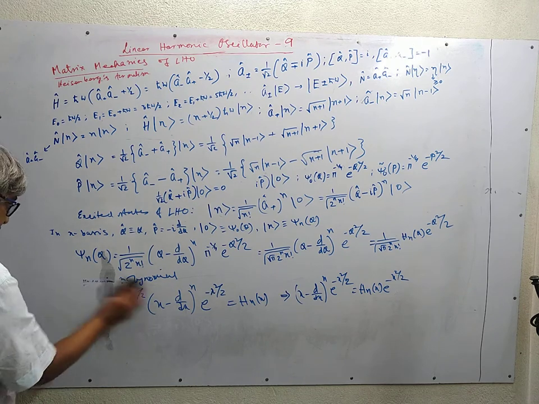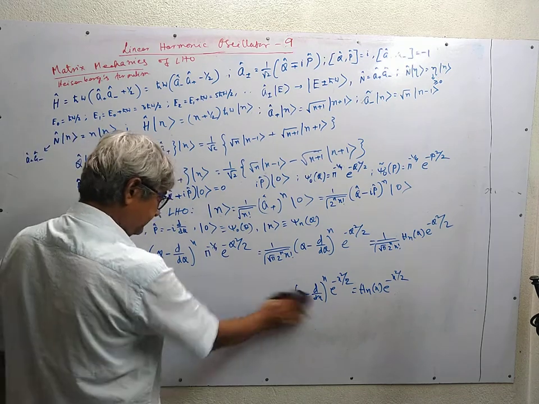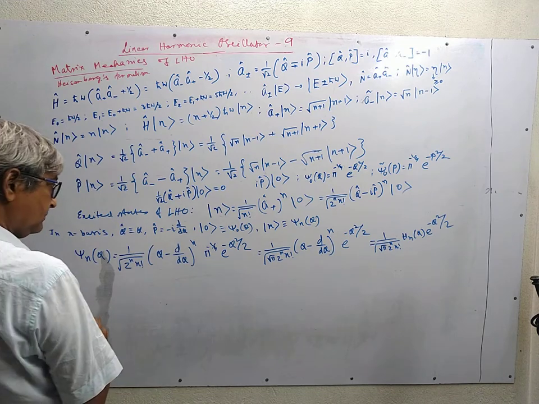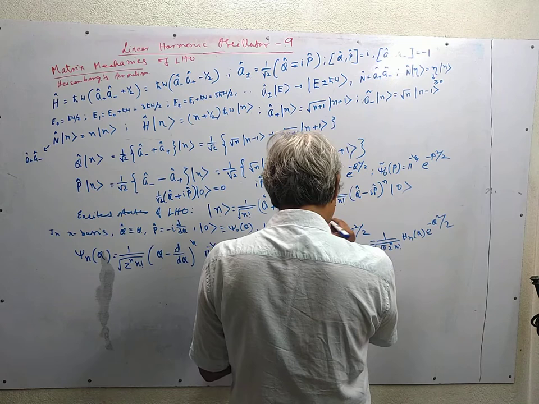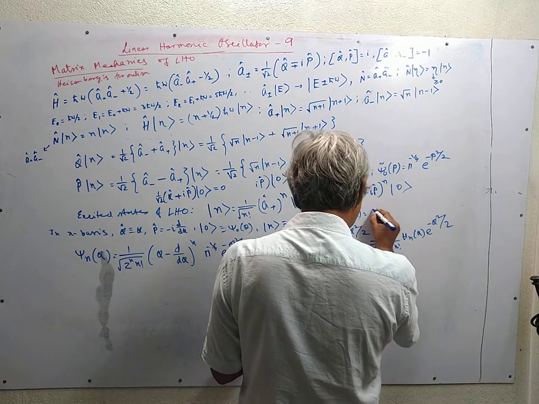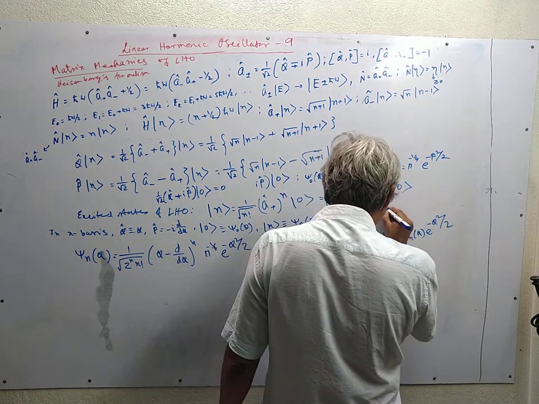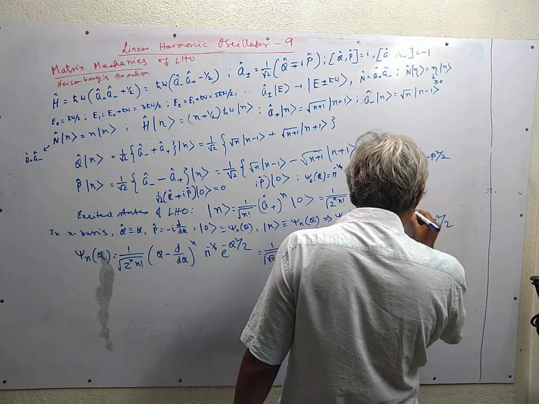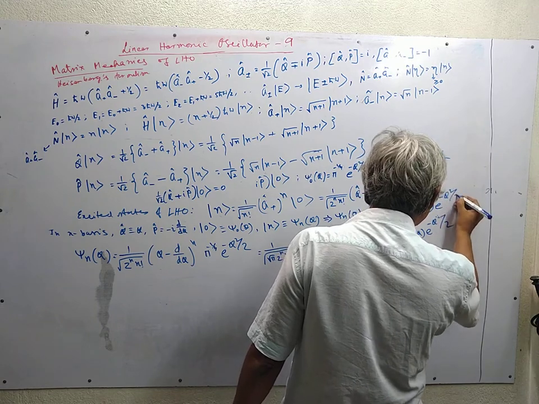Now coming to the momentum basis. So we write that psi n of q is equal to (1 over root pi 2 to the power n factorial) to the power half Hn of q e to the power minus q square by 2.